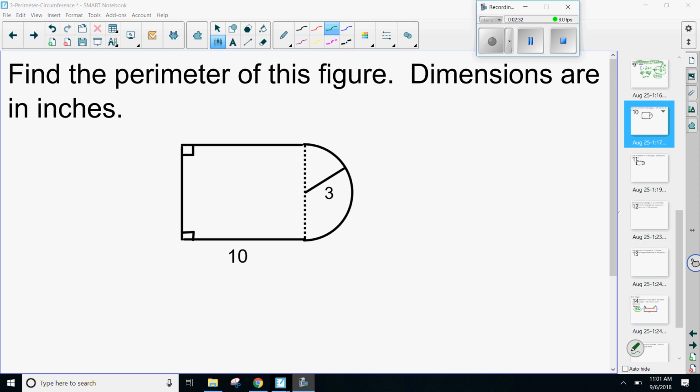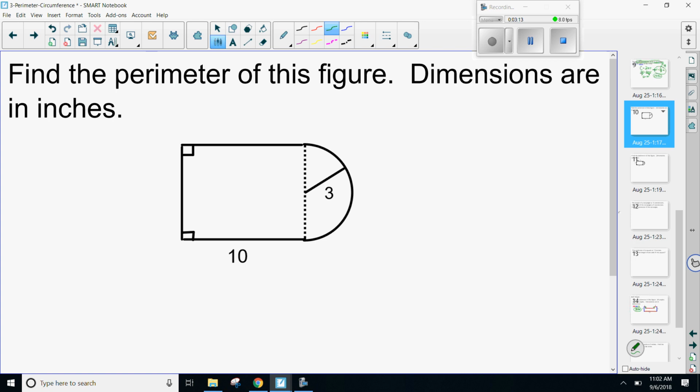Okay, as we look at this, just a little bit different from yesterday because we now have a curved segment involved. One thing you got to keep in mind is it's the distance around the figure, correct? You do not include this dashed line right there. That is not around the outside of the figure. That's on the inside of your figure. As you calculate the perimeter of this object, you can write your answer in terms of pi, which means it will be something like, say, 26 plus 3 pi.